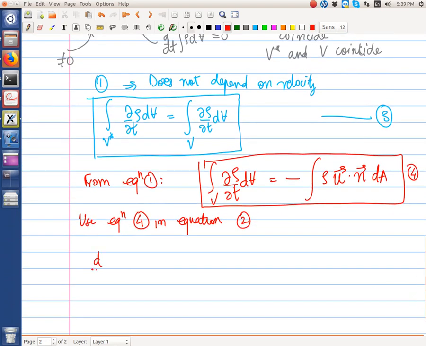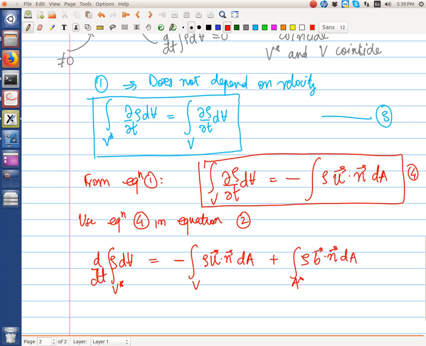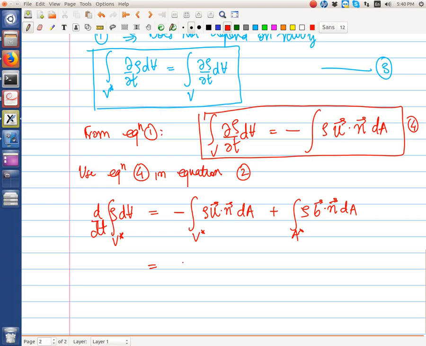So we have d/dt of integral rho dV equal to minus integral rho u dot n cap dA plus integral rho b dot n cap dA. But the integral over V star was the same as V, so at this instant it becomes equal to V. Thus we get integral rho (b minus u) vector dot n dA.